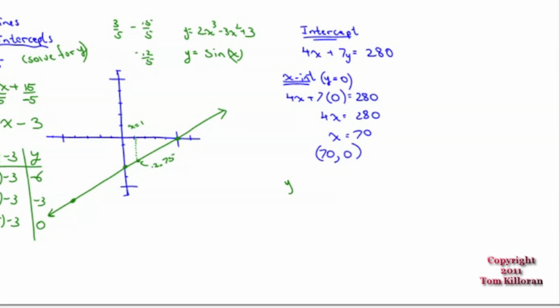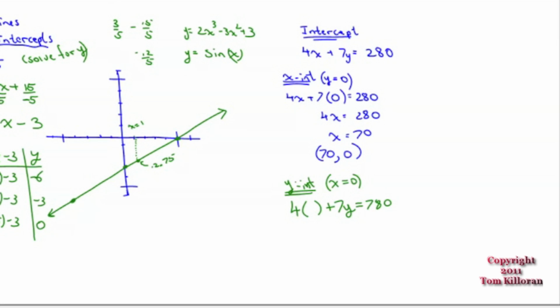If we're looking for a y-intercept, what happens? The other variable is 0. And we start with the whole equation again. We're going to go 4 times, and since we're substituting in for x, we put some parentheses there. Plus, and since we're not substituting in for y, we'll leave the variable, and then equal to 280.